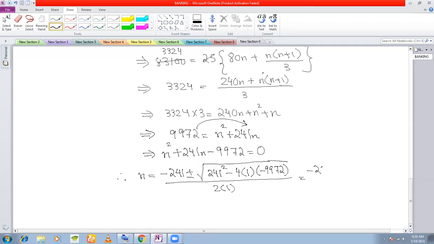So this becomes minus 241 plus or minus square root of 241 square. 241 square is 58081, and this becomes plus, and 9972 multiplied by 4 will give you 39,888, divided by 2.